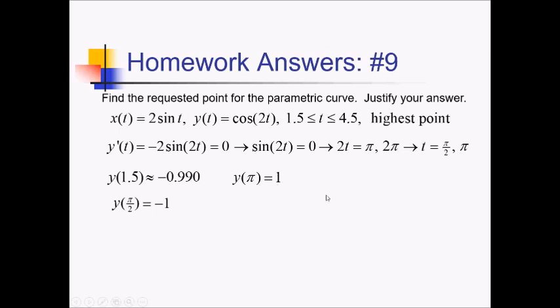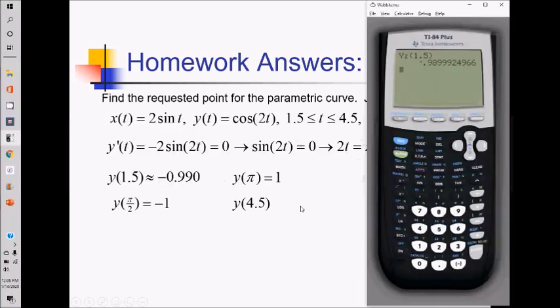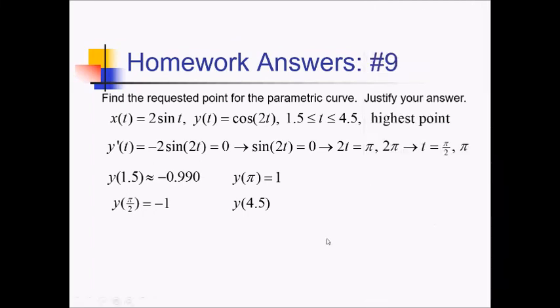We're on the right half of the unit circle there. Finally, there's my other endpoint, 4.5. That I will need the calculator for. So going back to my calculator, I'm going to arrow up to my input from before and press enter to grab that. Let me just change this to a 4.5, and that comes out to about 0.911 and some change.